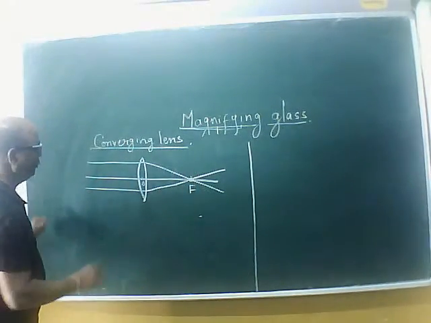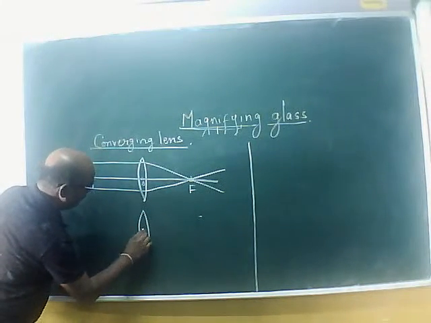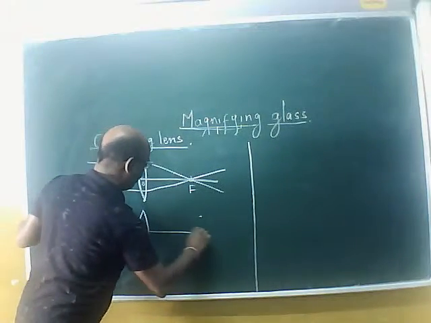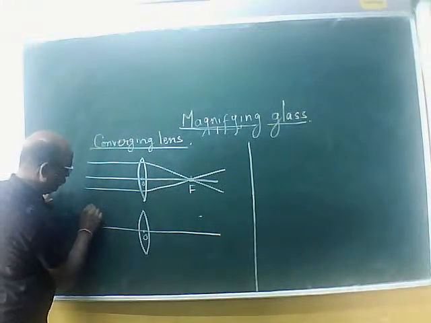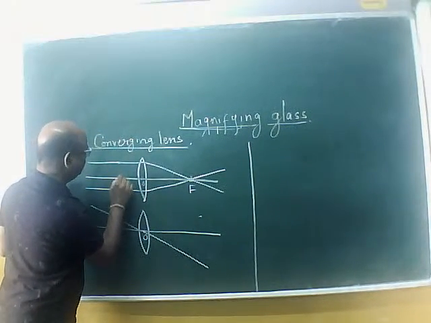Now, if the rays pass through the optical center, what will happen? They will pass straight without bending.